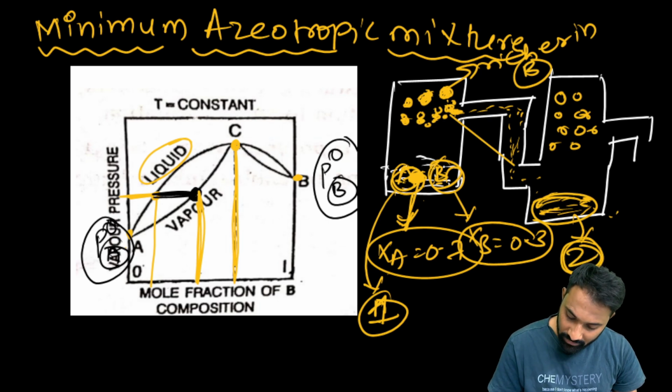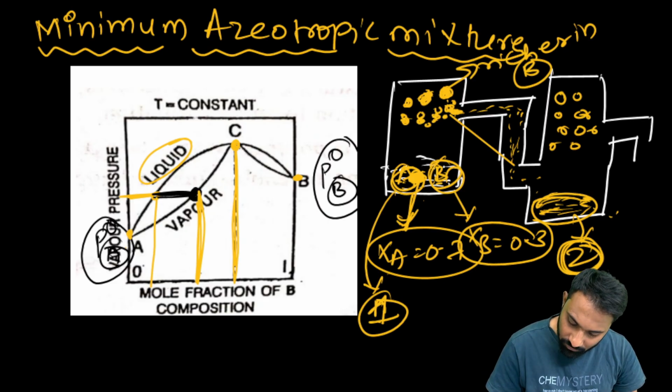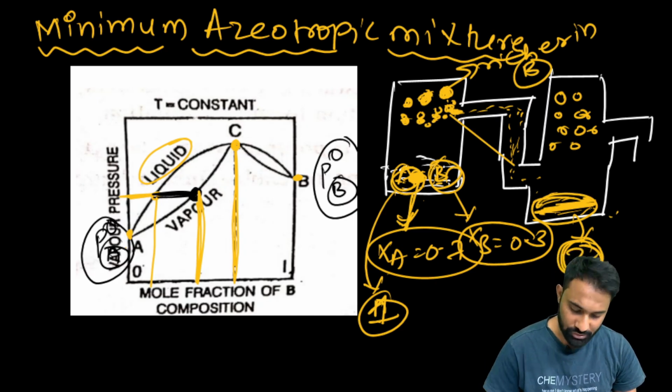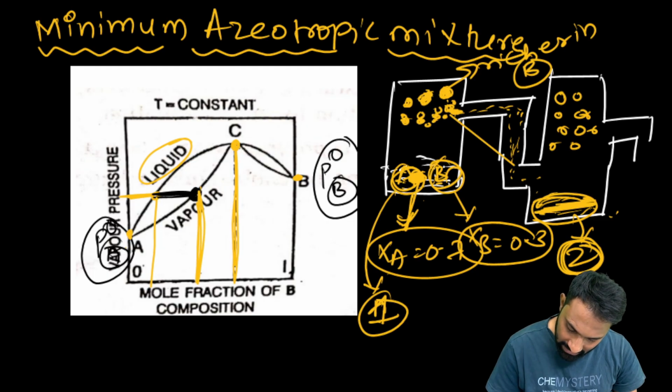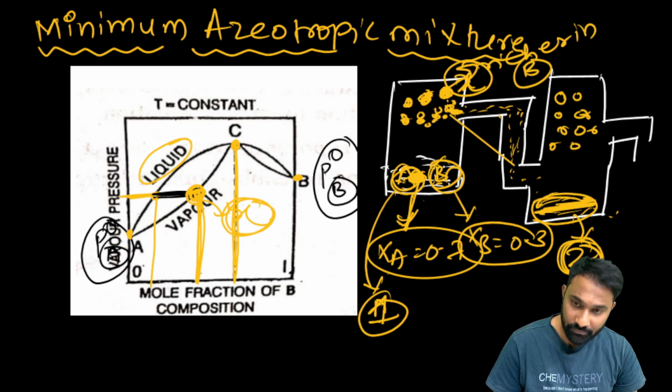Then when this gas has reached compartment 2, what is the mole fraction of this liquid in compartment 2? I want to calculate. Now you see, let's suppose you take this gas as X. Only this X gas condensed and came here.